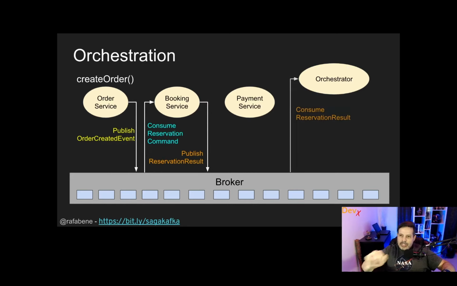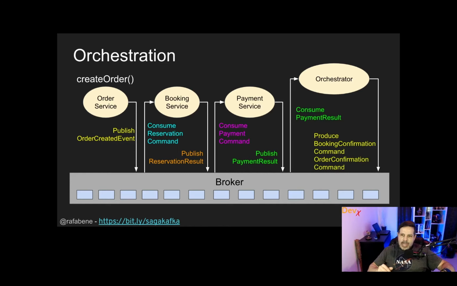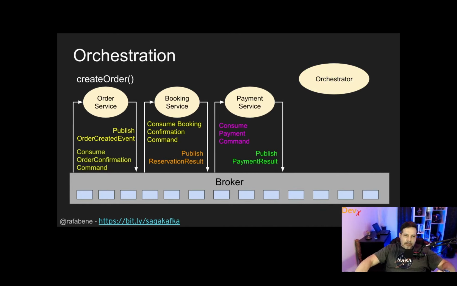The orchestrator will read the result and say, okay, now it's time to pay for this booking. It produces a payment command. The command will be consumed, and the payment result is published. And the orchestrator says, okay, the payment is okay. Now it's time to confirm the booking and confirm the order. So now you can see that the booking service consumed the booking command. The payment service consumed the payment commands.